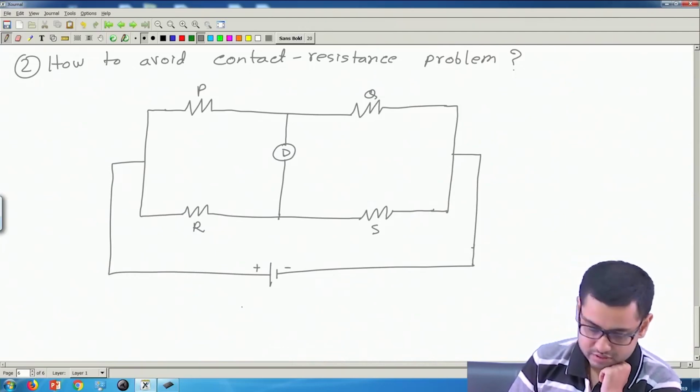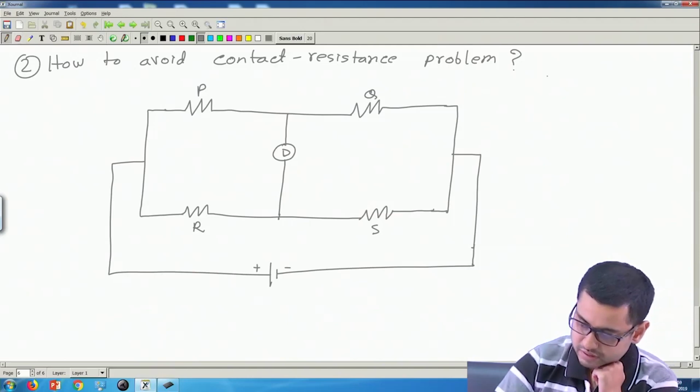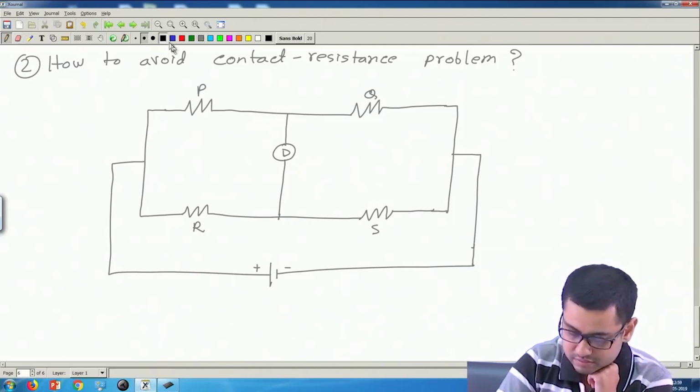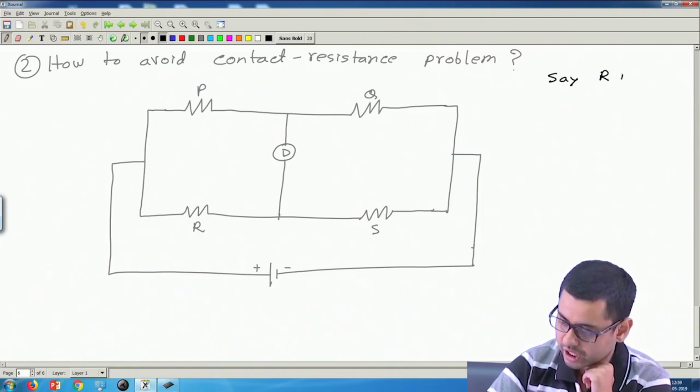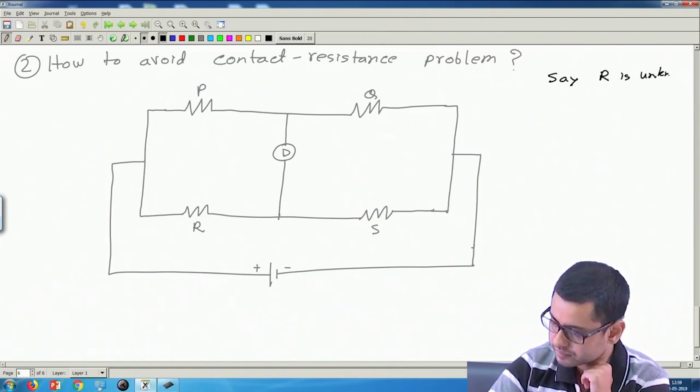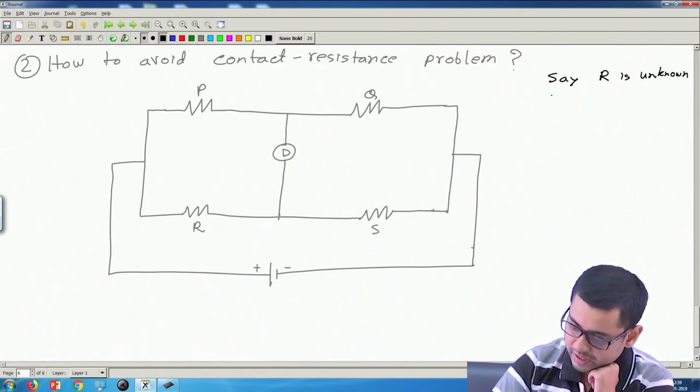Now, say R is unknown and a low resistance.